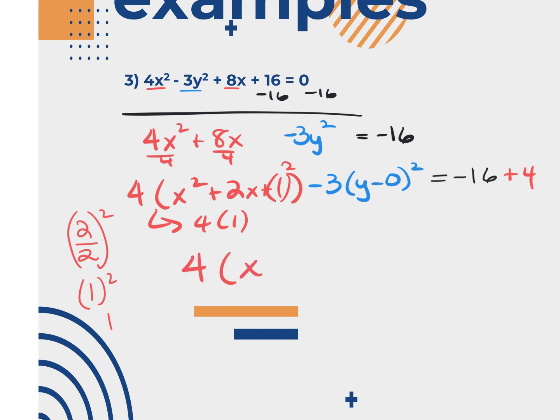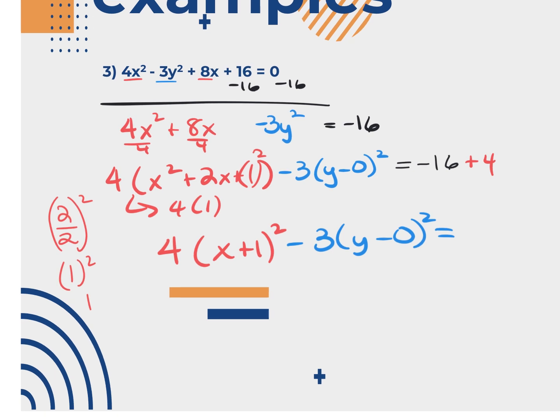So 4 times x plus 1 squared. And then I'll just leave this like this for now. I can drop the minus 0. And then over here, negative 16 plus 4, negative 12. I don't want it to be equaling a number, so I have to divide everything by negative 12.